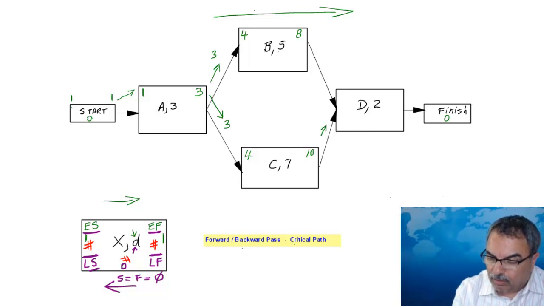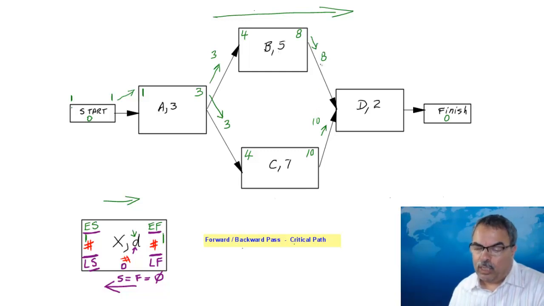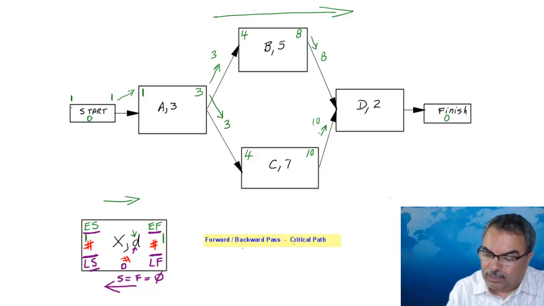Now again, I have 10 coming in this way, and I have 8 coming in this way. One would like to think that the earliest time is day 8, but it's not true, because task D needs both of the outputs from B and C to be present in order to start working on task D. That's why the earliest I'm going to have both of these outputs present is day 10.